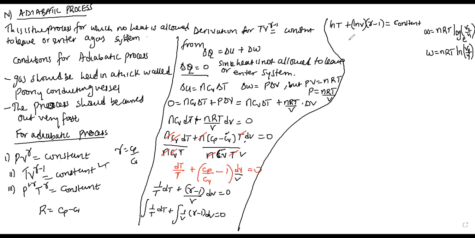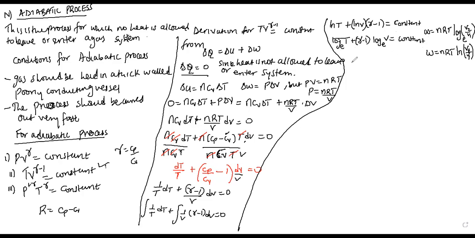With this, it can be the same as log to base e of T plus (gamma minus 1) of log to base e of V is equal to a constant.